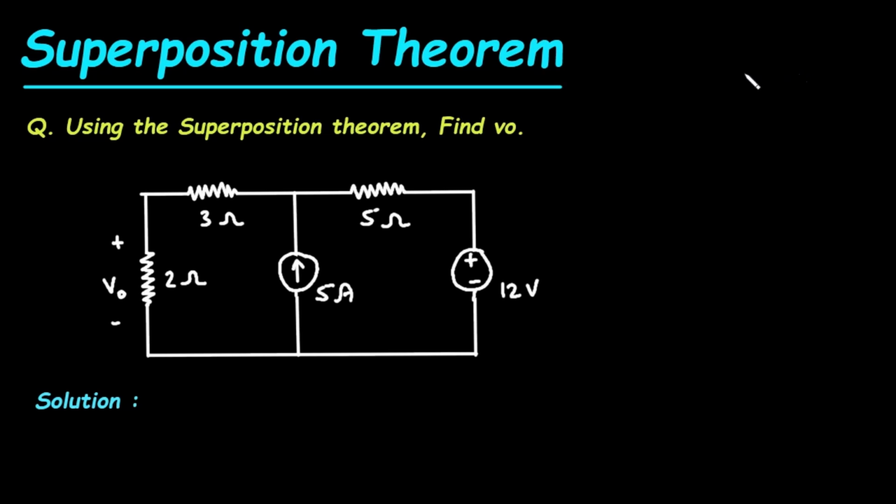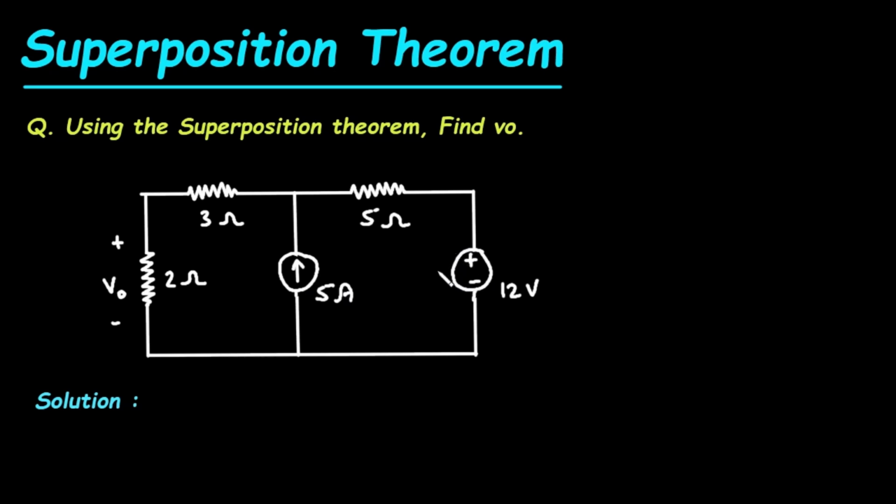And remember that the superposition theorem is applicable to linear circuits only, where components like resistors, capacitors and inductors are involved. It works only on independent sources. When we switch off other sources, suppose we are considering the current source, then we have to switch off all other sources.